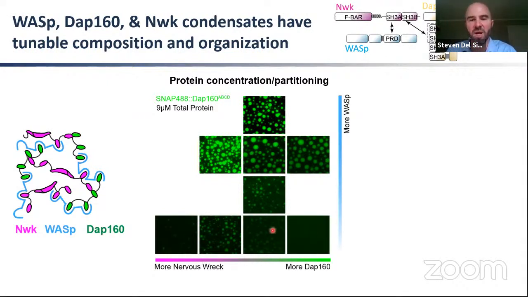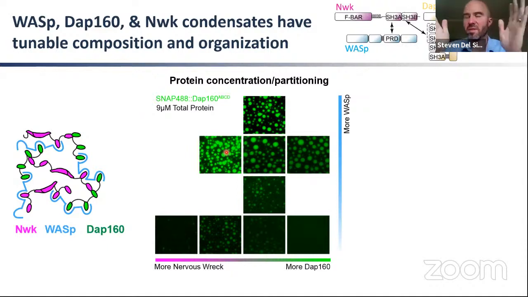Each one of these panels is a different condition where the total protein concentration is 9 micromolar, but either with relatively more Nervous Wreck down here, lower left, relatively more DAP160 on the right, or relatively more WASp as we go up. And what you can see is that as we add WASp, the brightness of DAP160, which is here in green, increases. So suggesting that we can tune the concentration of these proteins in the droplet depending on their relative stoichiometry.